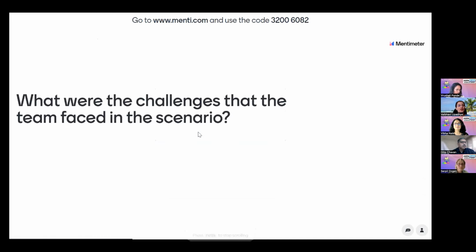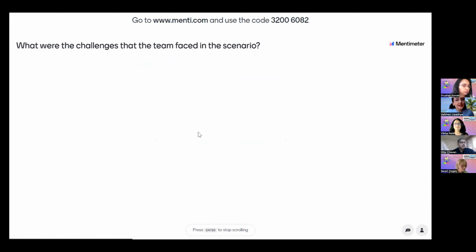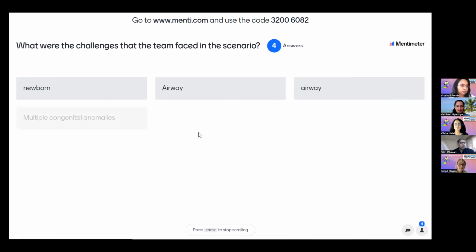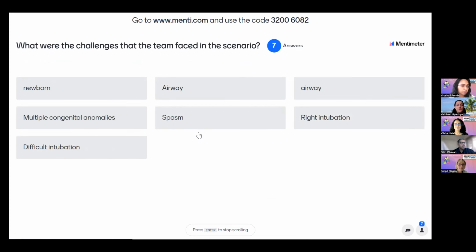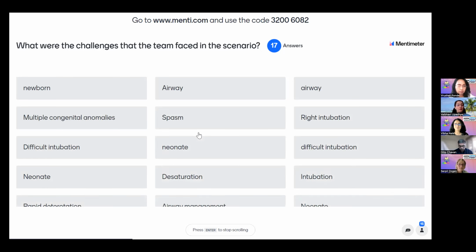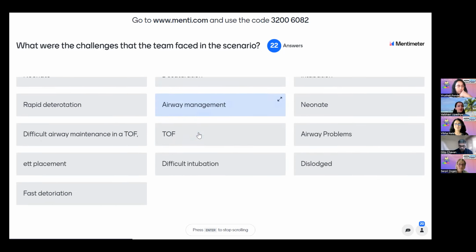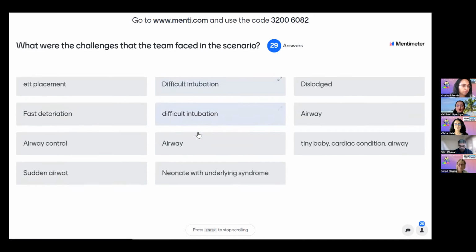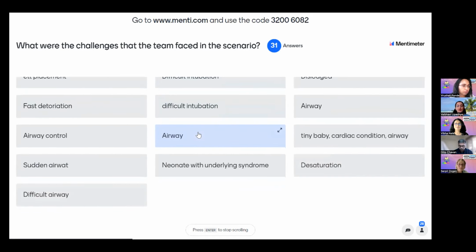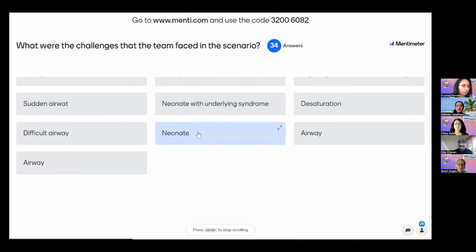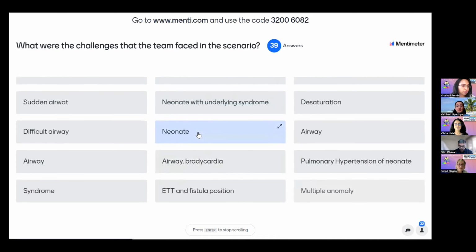What were the challenges that the team faced in the scenario? Think of challenges from the individual, as a team, as a system, as a patient. The baby was a newborn, day 0. Yes, the airway was one of the biggest challenges. Multiple congenital anomalies was a challenge. Tracheoesophageal fistula. It was a sudden desaturation, sudden arrest.